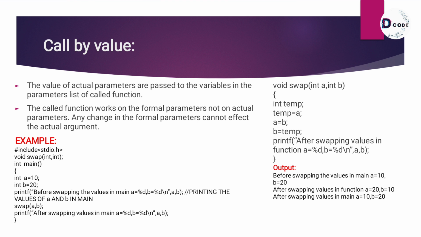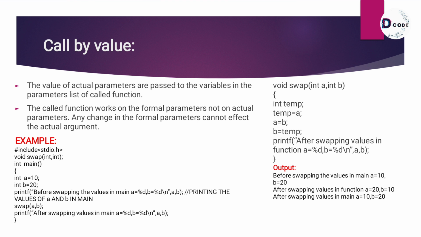Understand this in a better way by looking into the program. You can see an example of swapping of two numbers. In this program, the compiler will not return anything, so we use void as return type. When the compiler enters into the main function, the values of a and b are already declared as 10 and 20. Then the compiler prints the values of a and b before swapping as 10 and 20.